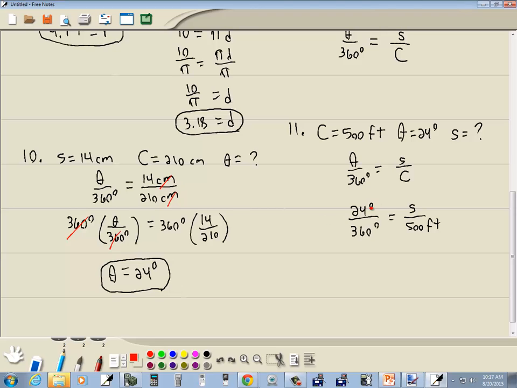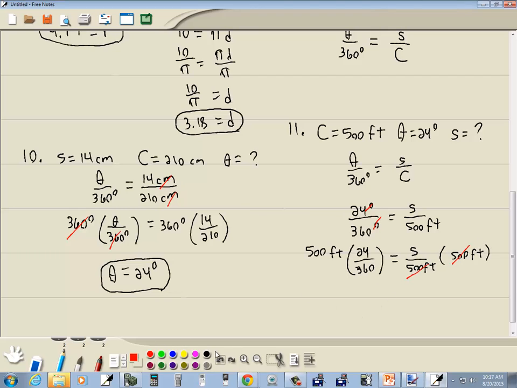Well, first off, these degrees will cancel because one's on top, one's on the bottom. And I can multiply both sides by 500 feet to get the S by itself. So we'll take 500 feet times 24 over 360 is equal to S over 500 feet times 500 feet.